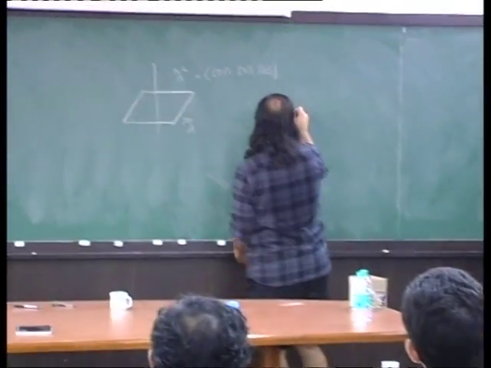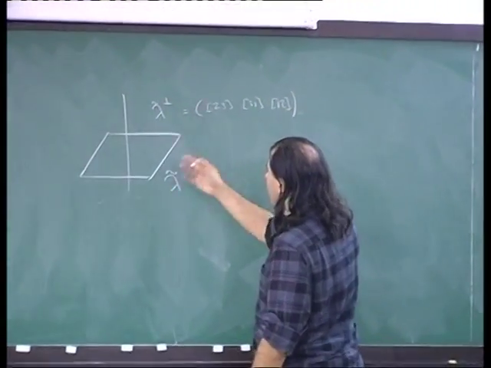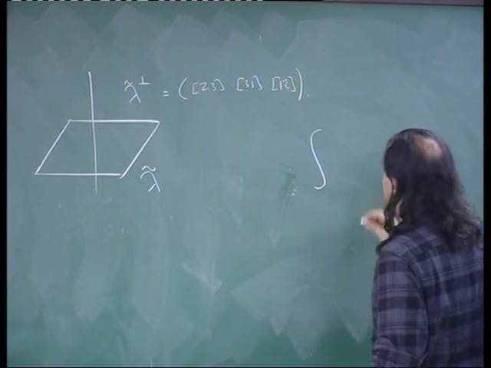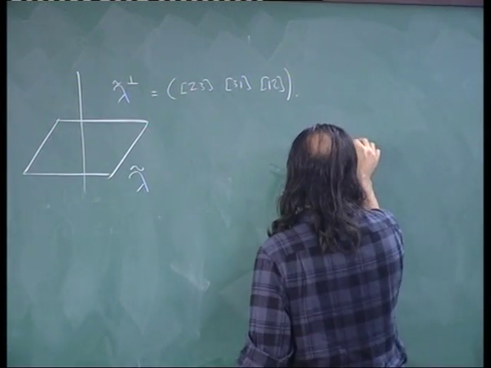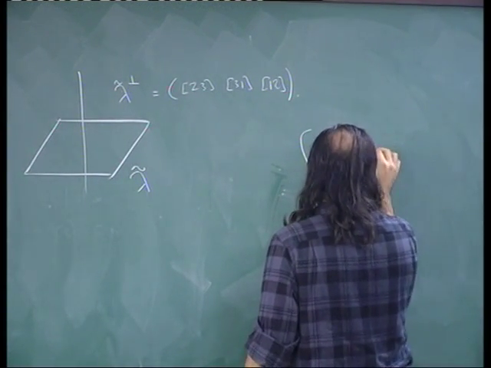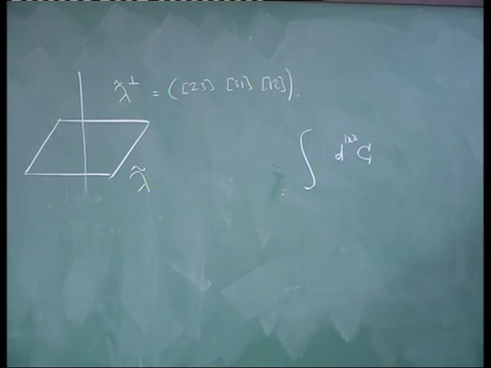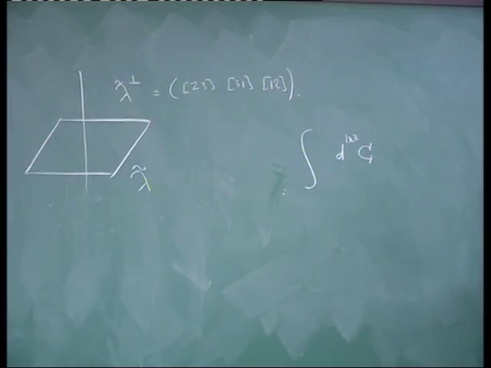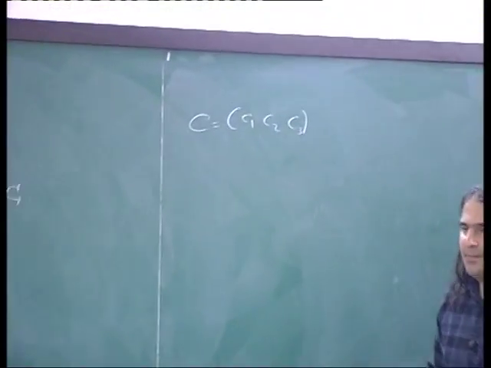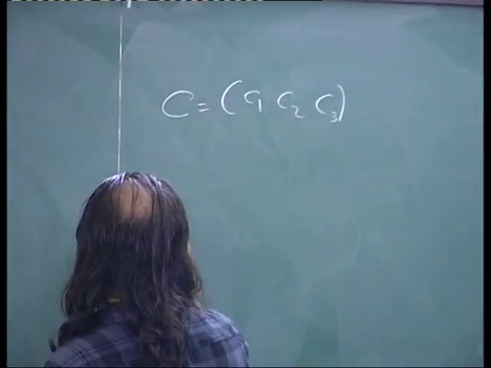So what I want to do is integrate over the space of 1 planes in 3 dimensions. So I'm integrating over a little trivial Grassmannian, d1 times 3c. So c will be some c1, c2, c3. Okay? But I'm now going to impose delta functions.